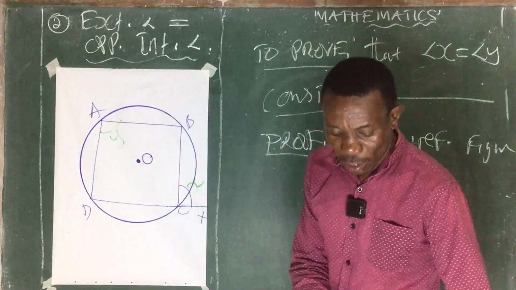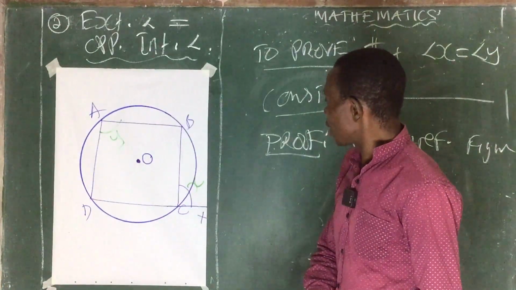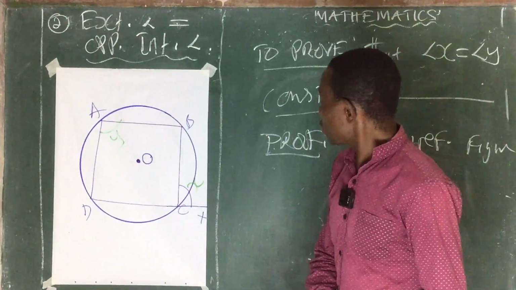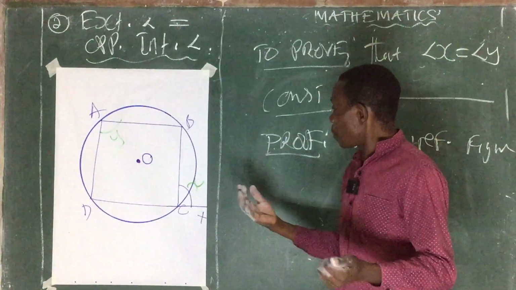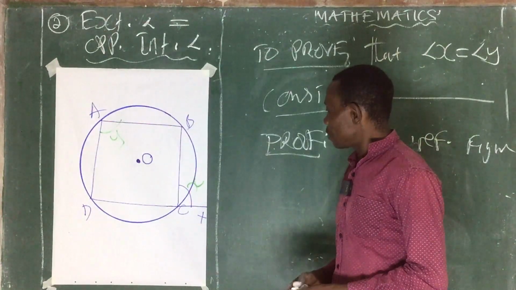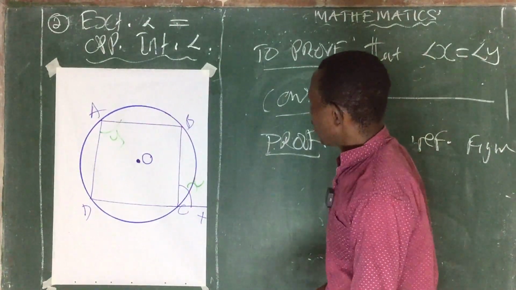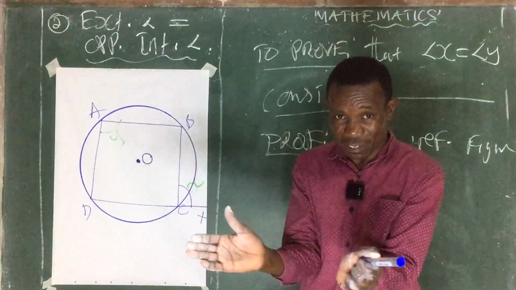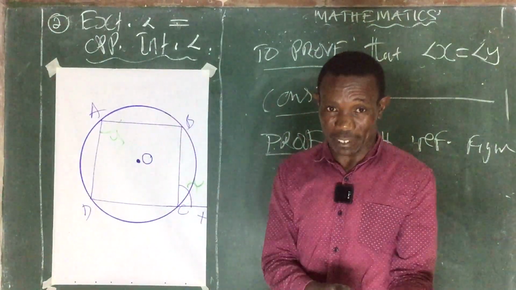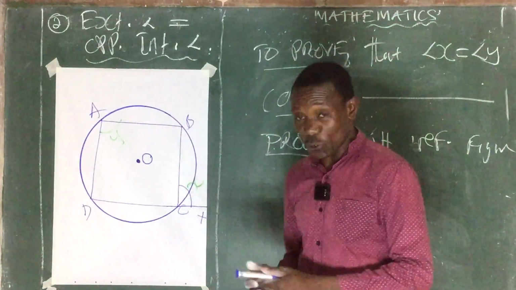So what we want to do here is to take note of the properties that can help us show that. The properties that we need are very brief and very direct. One is the property we have discussed, that opposite angles are supplementary. How do I use it?